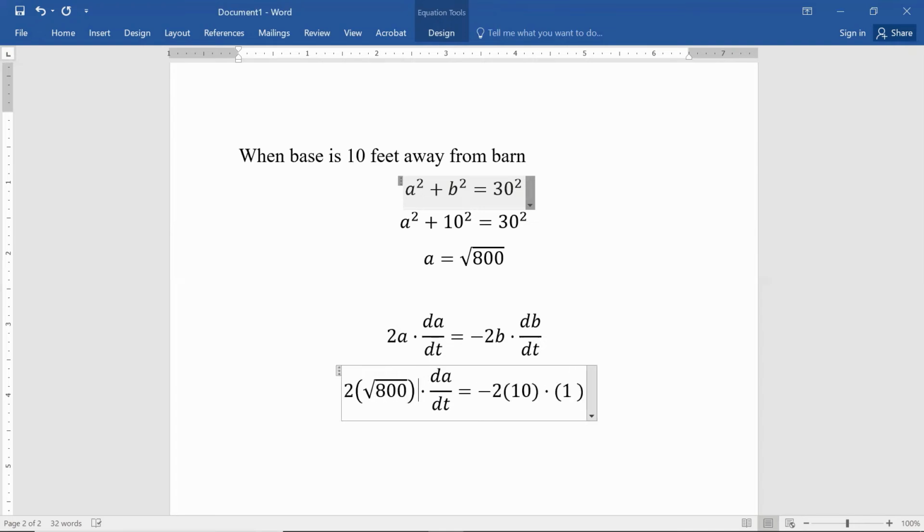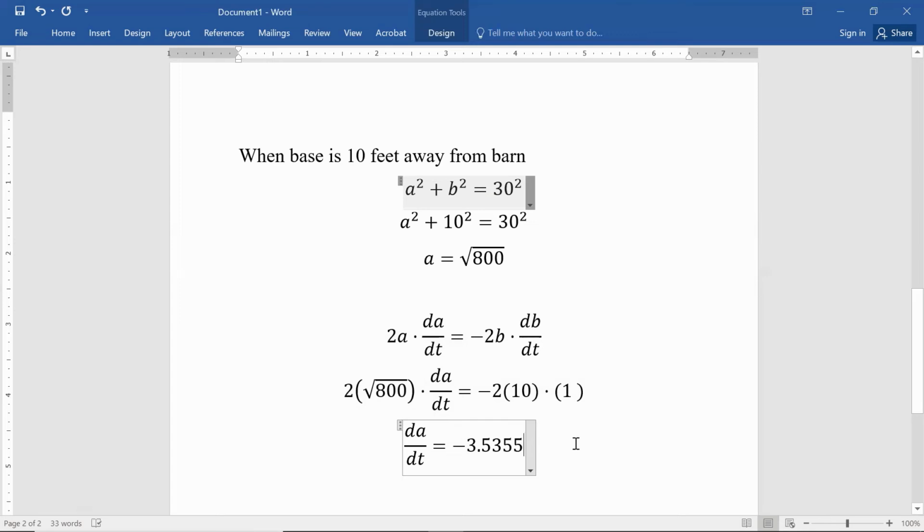And now we can solve. dA with respect to t, the rate of change that the ladder is moving down the barn, is going to be negative 3.5355. Again, this negative is implying it's moving down along the barn, not moving up.